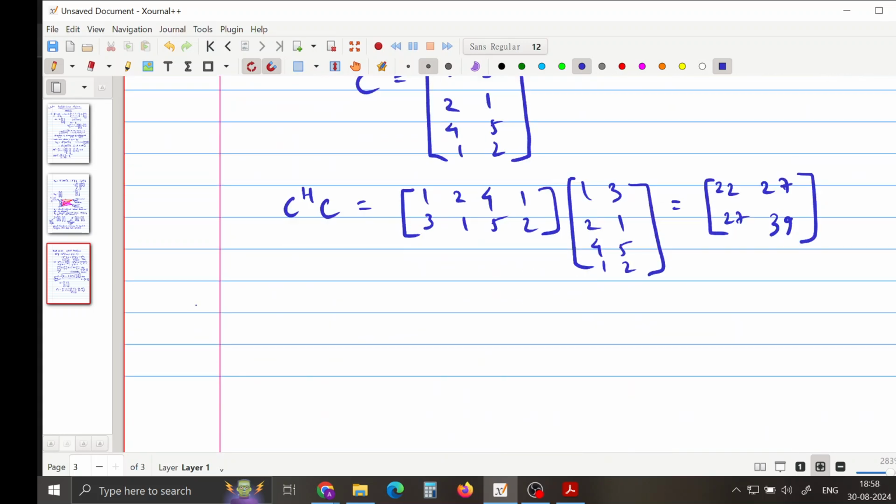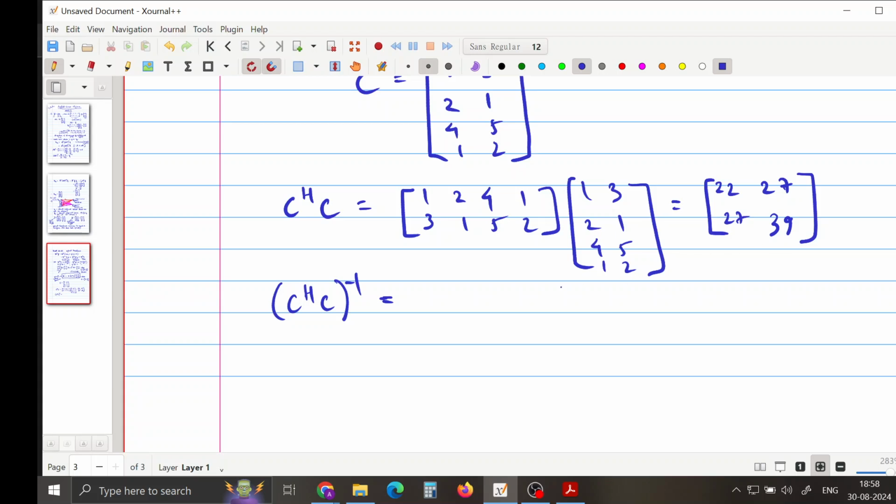So for a 2 cross 2 matrix, the inverse is pretty straightforward. How do we find the inverse? We take the adjugate and divide by the determinant. So what's the determinant of this matrix here?